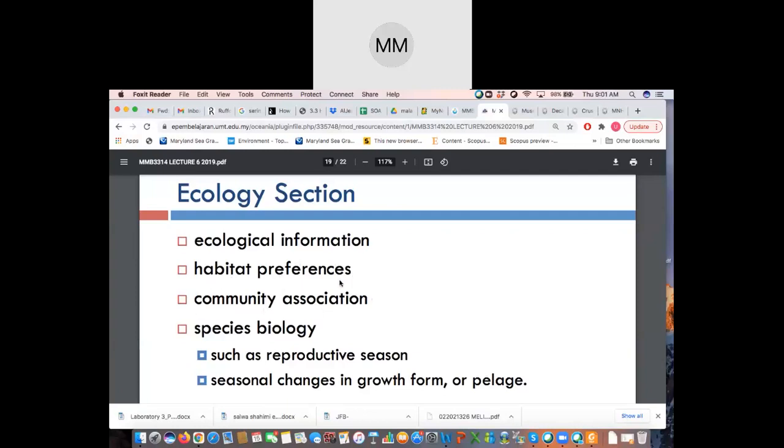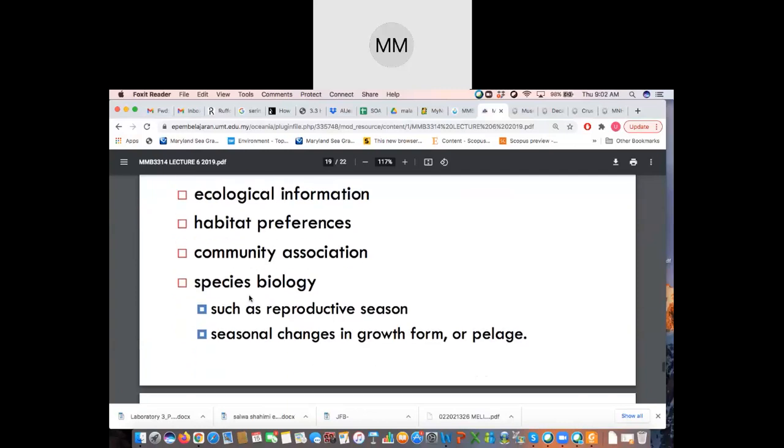For example, if you're talking about species that are parasitic, you would obviously want to explain about the parasites and the host, because to understand the biology of the parasite, you have to understand the biology of the host as well. The host will have different distributions. Some are perhaps benthic hosts, some are planktonic hosts, so it's different in that sense. That's why you have to tackle it differently.